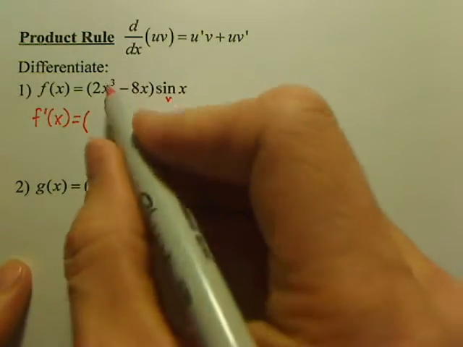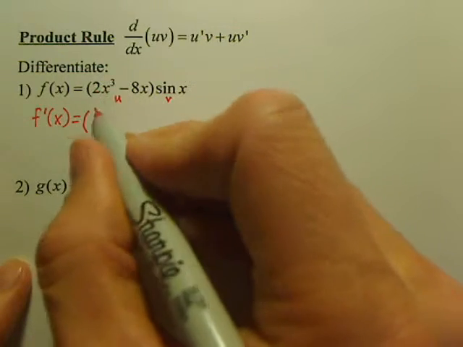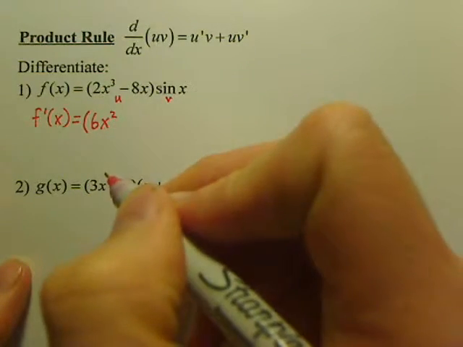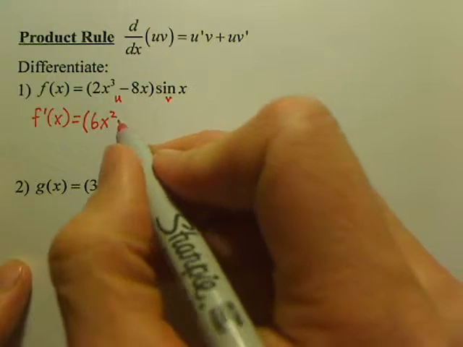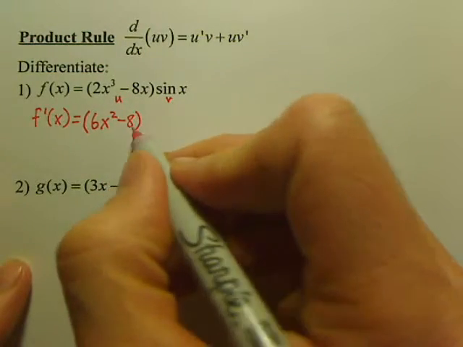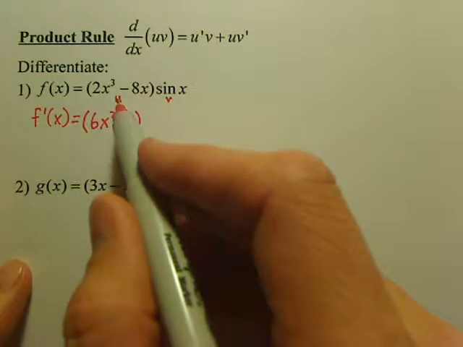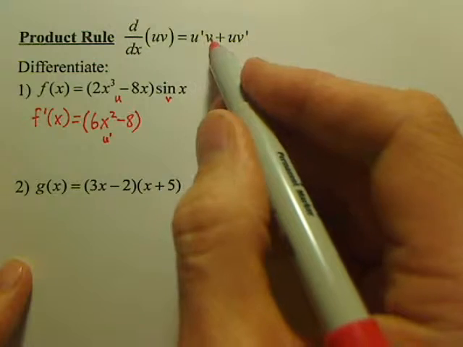So what do we get there? Well, when you derive this right here, 3 times 2 is 6. Drop the power by 1, 6x squared. This right here would be negative 8. And that right there simply is the derivative of u. This is u prime.